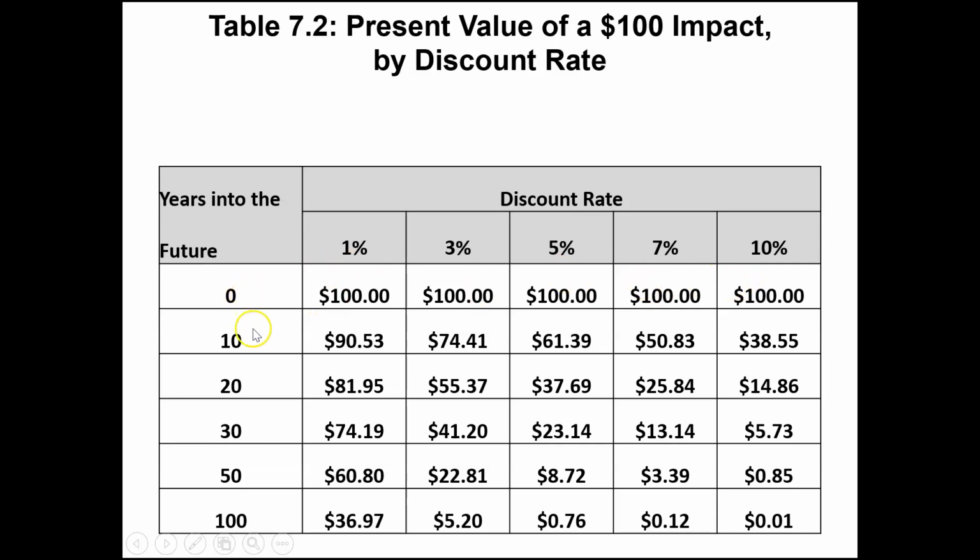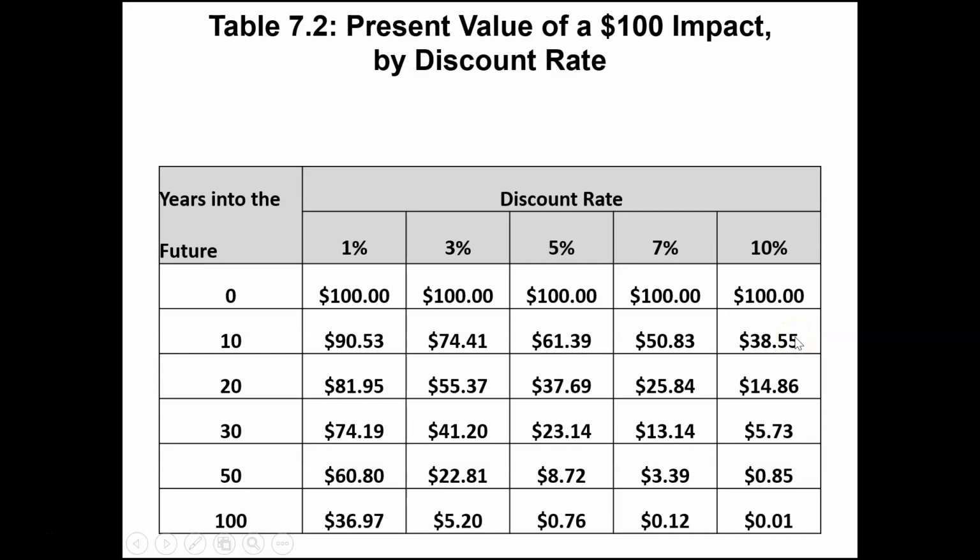And then if we think about 10, 20, 30, 50, and 100 years from now, the value of receiving $100 10 years from now, if the discount rate is 1%, is 90.53. If the discount rate, however, is 10%, the value of getting $100 10 years from now is only $38.55.